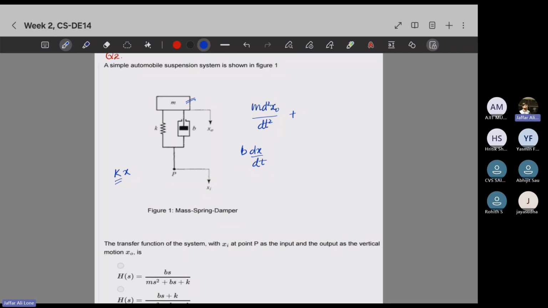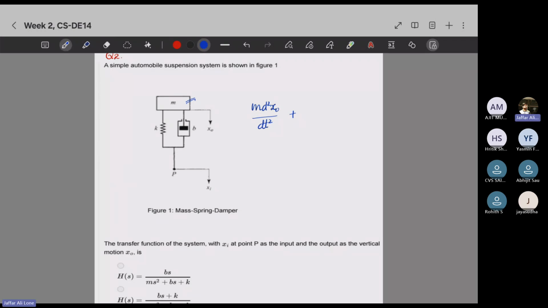Whenever you have a spring, you have learned it, or you must have gone through it in the lectures. If you have a spring, your force will be kx, and if you have a damper, your force will be B dx over dt. Now apply similar stuff here.